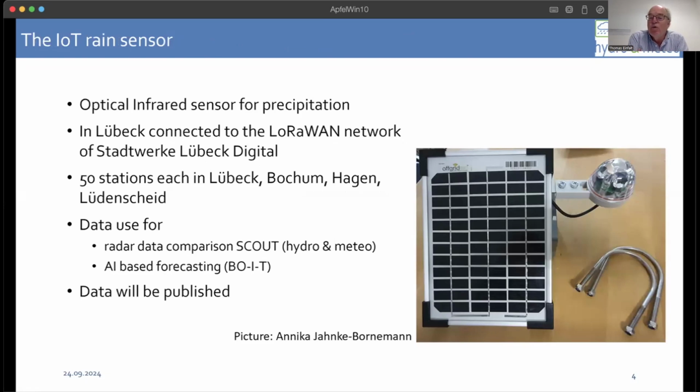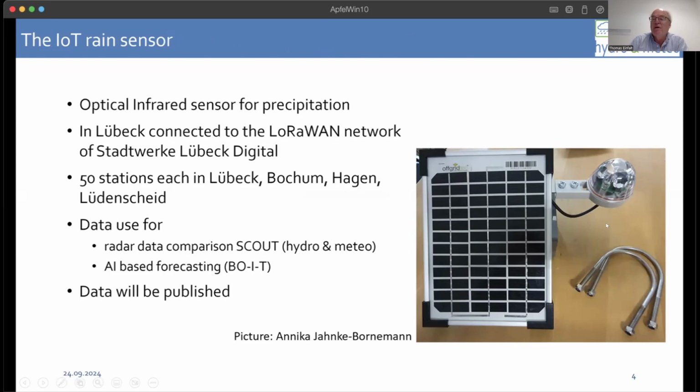So we have a project where we are using an IoT rain sensor. Here you can see the sensor. It is an optical sensor, and this is the solar panel.